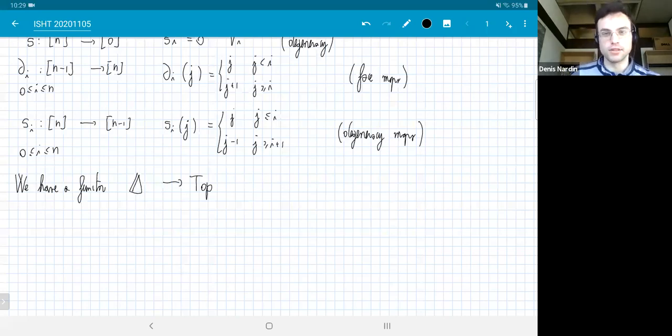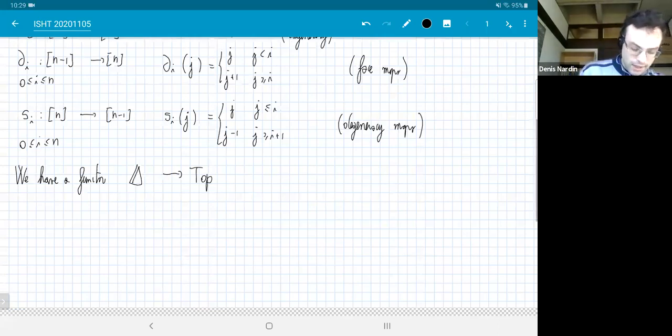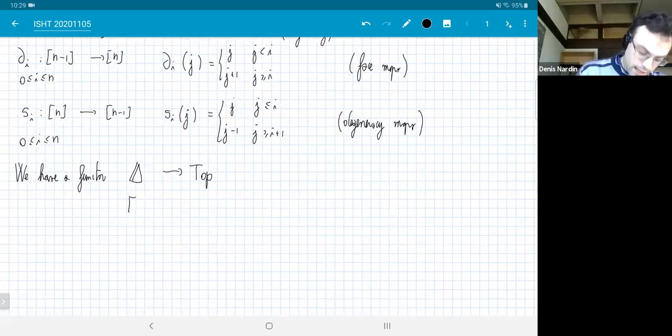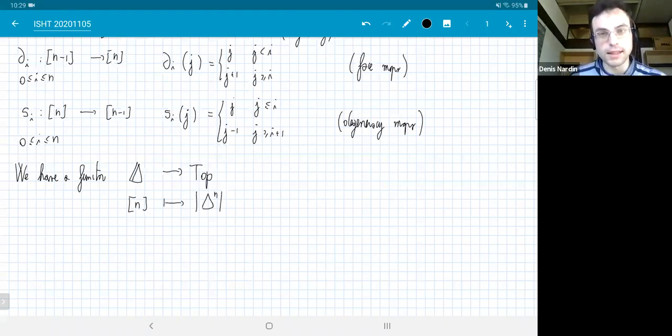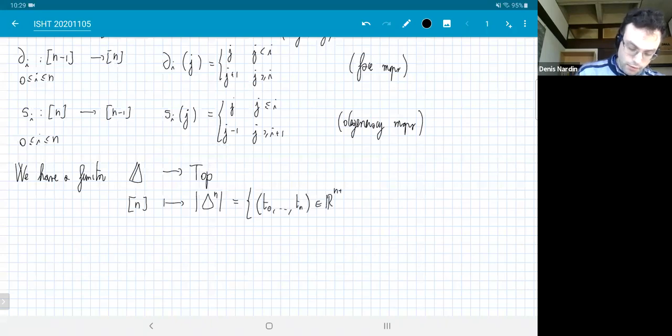Let's consider only reasonable ones. Okay, we have a functor that sends n to what I'm going to call the topological n-simplex, and I'll denote it with bars, Delta^n. And what is this? This is just the set of (t_0, ..., t_n) in R^(n+1) such that the t_i's are all non-negative and their sum is 1.